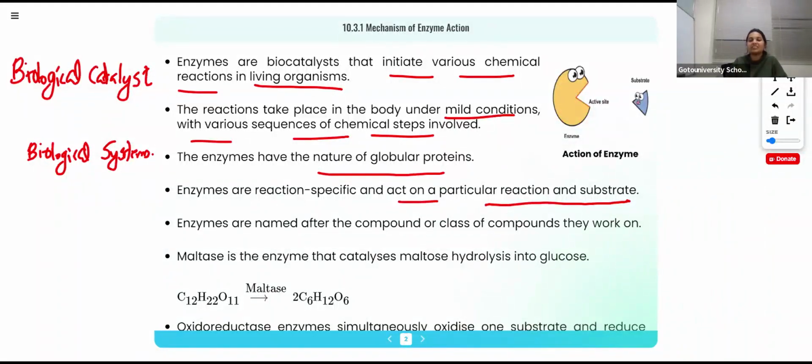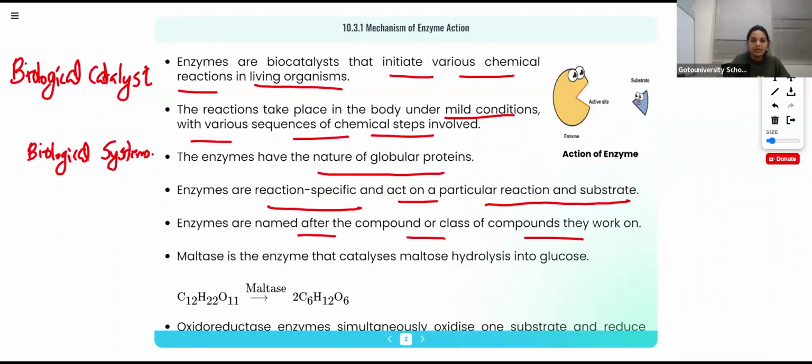Enzymatic actions are specific in nature. They are not like all the enzymes being used for all the reactions. No, they have different roles. Then enzymes are named after the compound or class of compounds they work on, because based on the reaction they are catalyzing, only then can we give them a name.